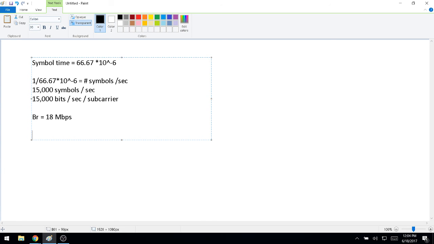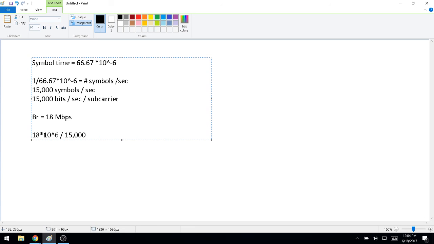our total bit rate, 18 times 10 to the 6, divided by 15,000, will tell us how many subcarriers we have, because each subcarrier can support 15,000 bits per second.